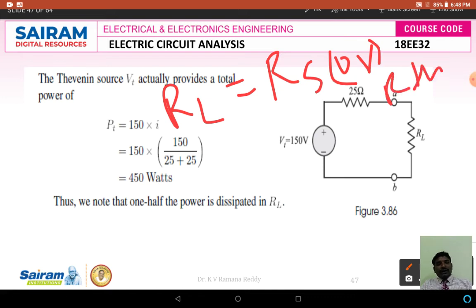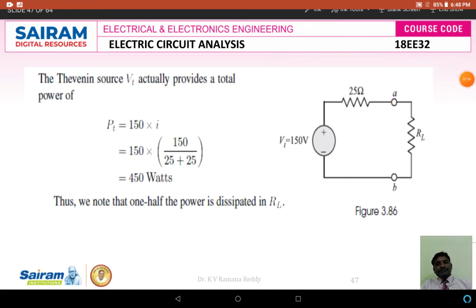Here the RTH value is equal to 25 ohms, so the RL value is also equal to 25 ohms according to the formula RL is equal to RTH.